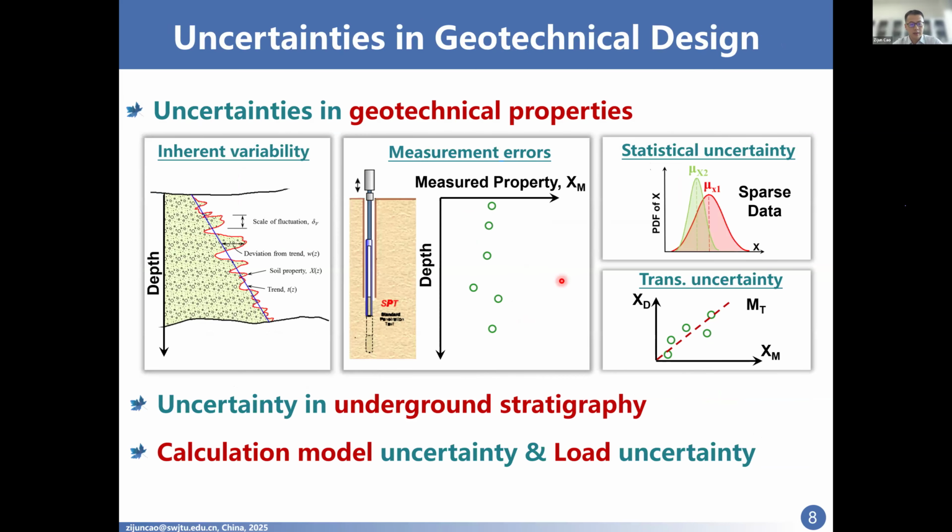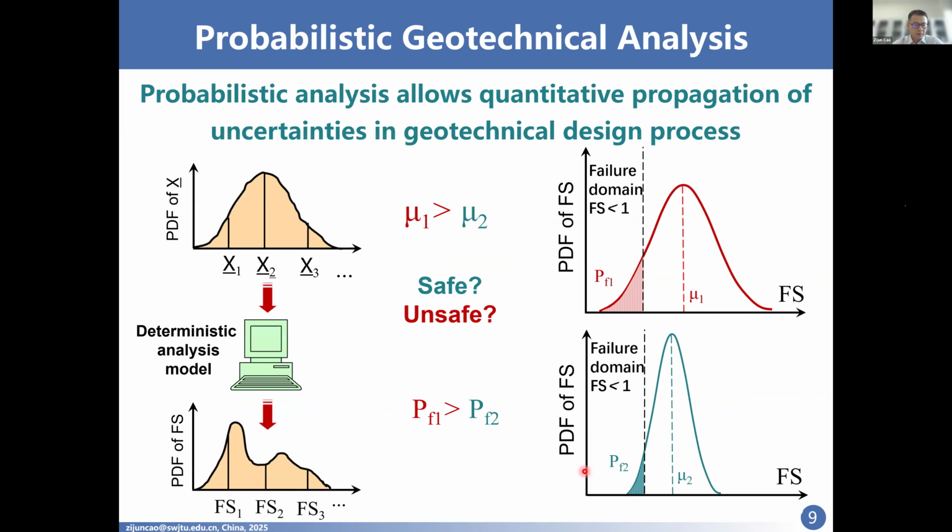As for geotechnical design, uncertainties in geotechnical properties, underground stratigraphy, and calculation models and loads are relevant. Due to these uncertainties, the deterministic analysis given nominal values of input parameters cannot explicitly account for the uncertainty in calculated design performance measures like safety factor.